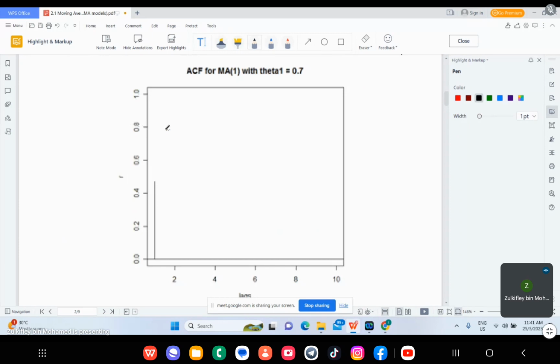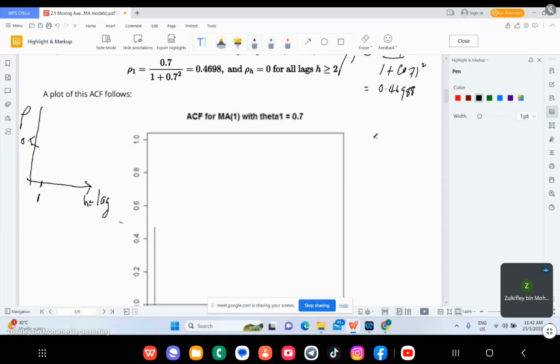So awak akan dapat, awak plotkan, so lag, the x-axis here is lag, ataupun h to lag, and here is your rho. So rho 1 or lag 1, this is equal to, let's say here is 0.5, and the value there is 0.4698, is around here, which is like this, macam bar chart.